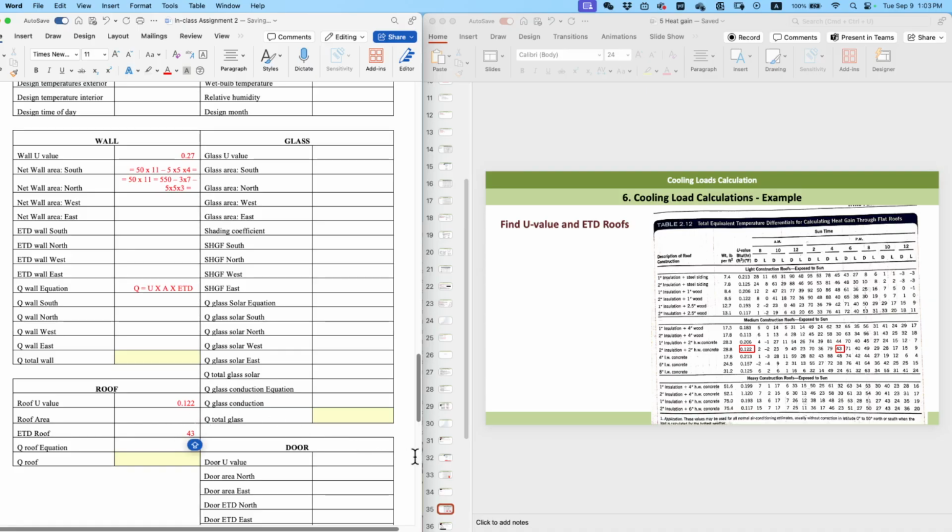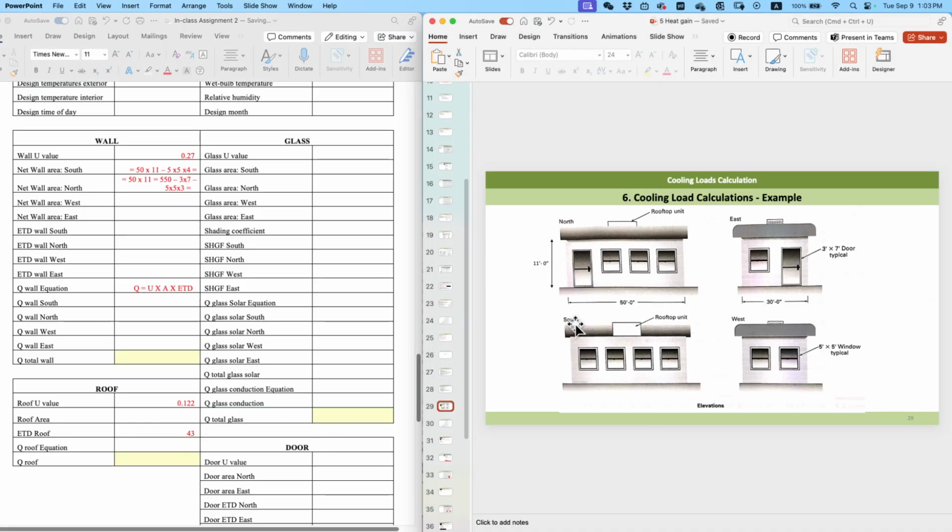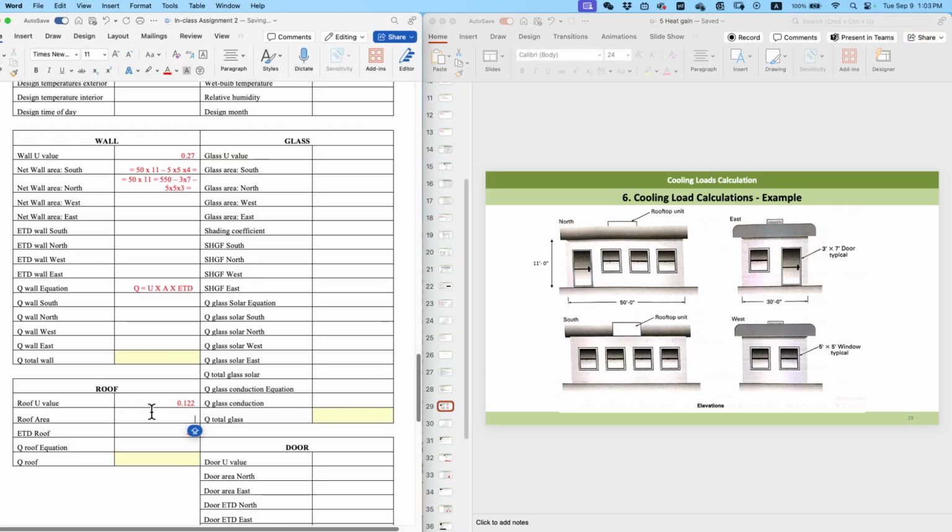What's the roof area? We know the building, the long side is 50, short side is 30. So area of the roof should be 50 by 30. That is the roof area. Long side by short side, you got the roof area.